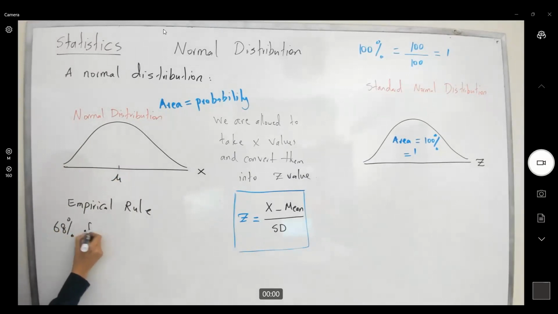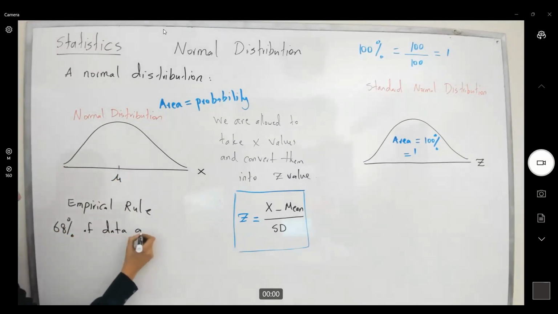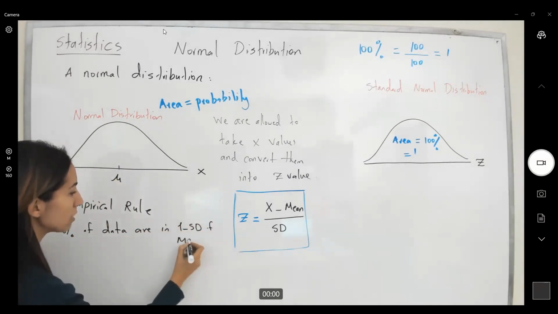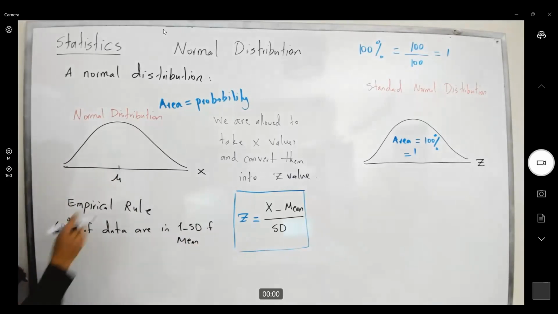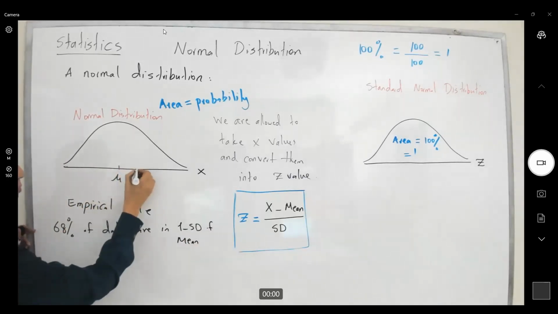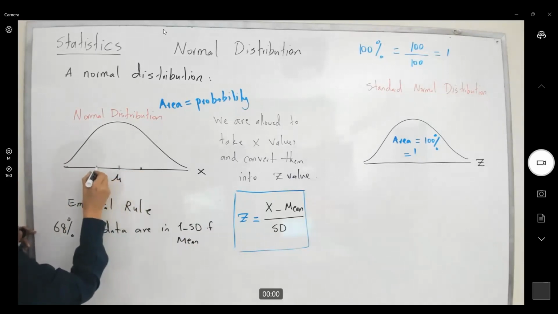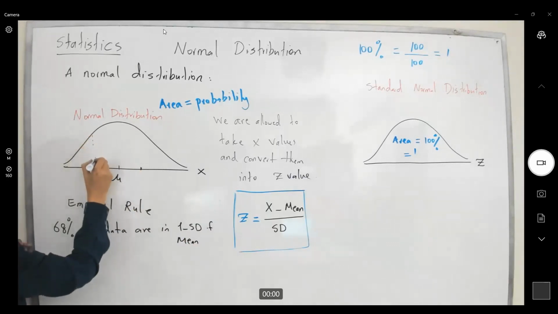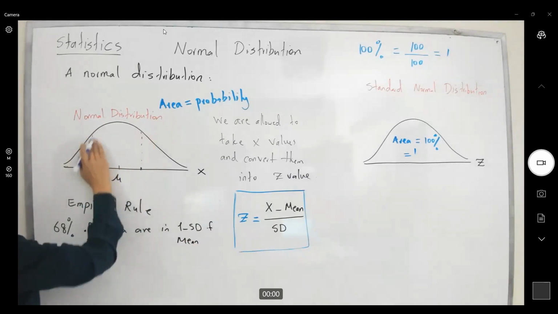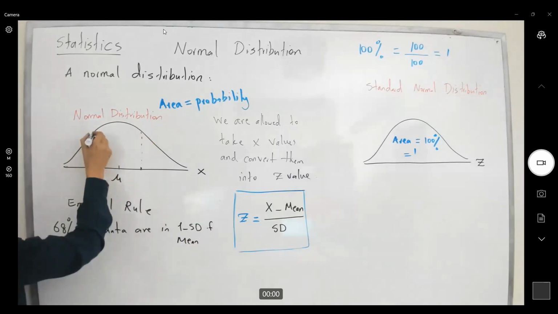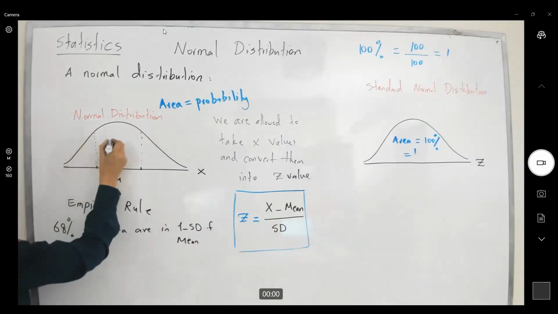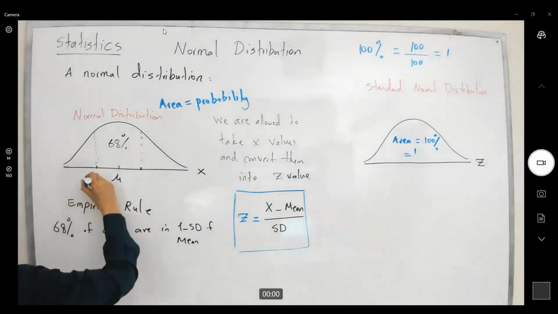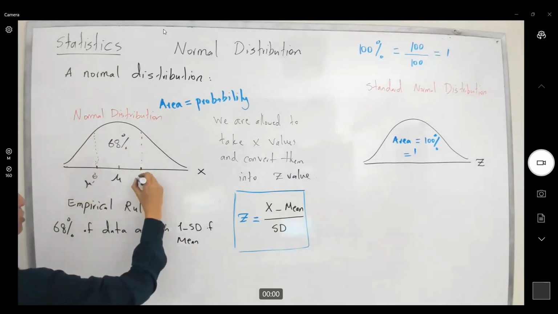It means that if I have the mean mu minus one standard deviation, mu plus one standard deviation, it has 68% of the data. Not that hard, just an approximation. Mu minus sigma and mu plus sigma.